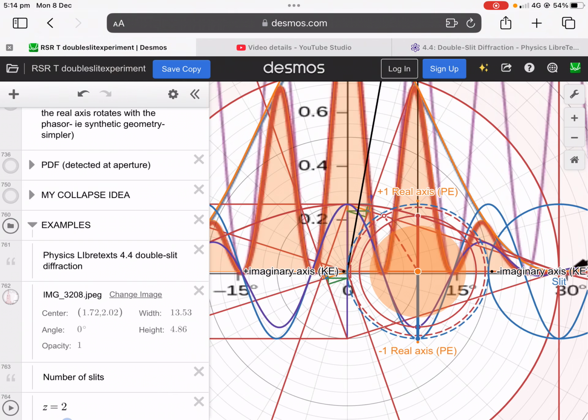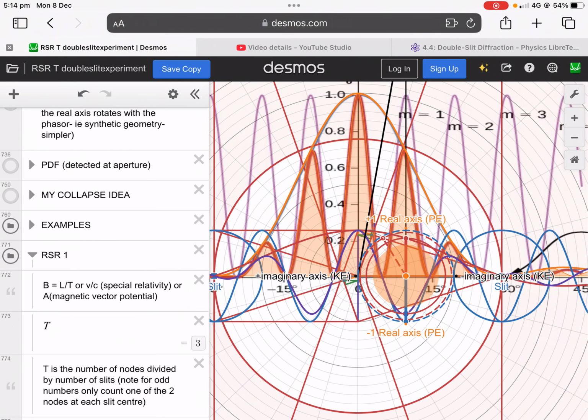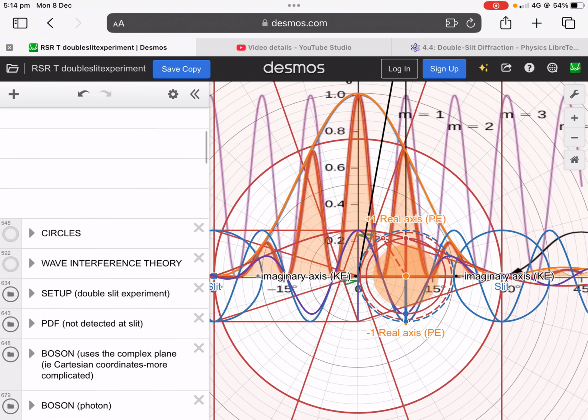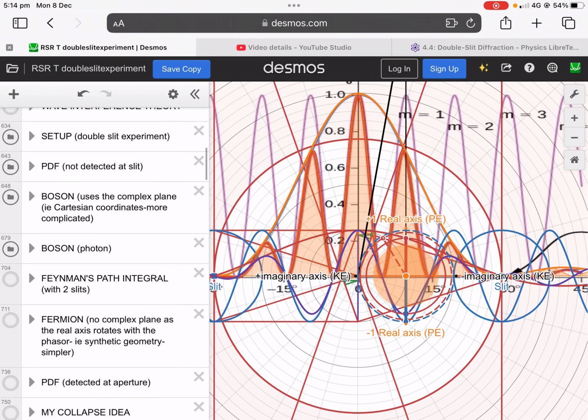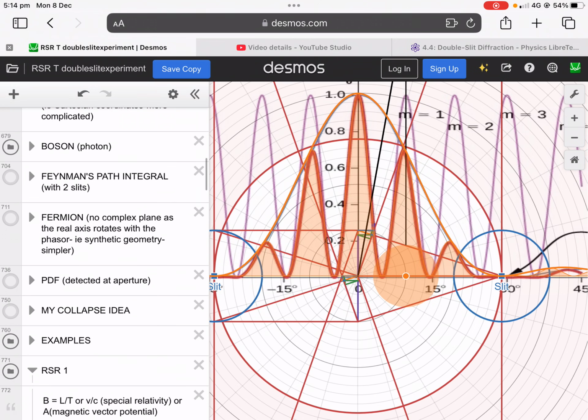And this video is already looking like a bit of a mess, but anyway, let's soldier on. So if you don't want to use Cartesian coordinates, which I don't, you can go to just synthetic geometry and assume that the real axis is rotating around with the phasor. It's allowed, and it's a lot cleaner.